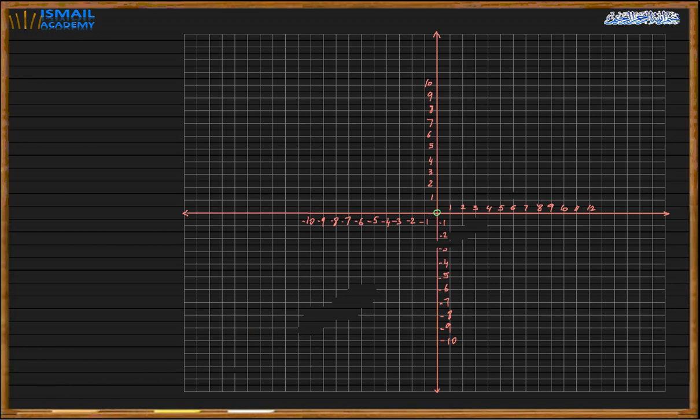Okay. All right. So if I, for example, take y equals 5, this is y equals 5. So here I will draw a horizontal line. For x equals minus 2, so this is minus 2, I will draw a vertical line.